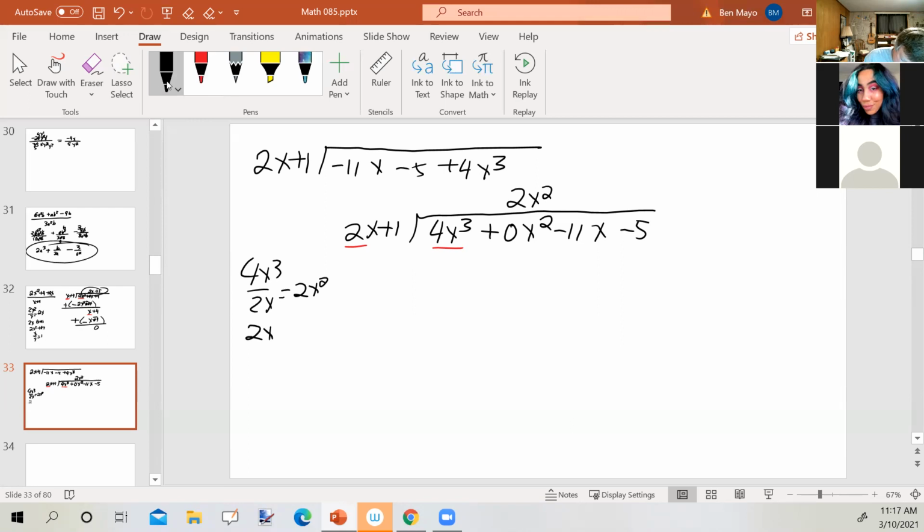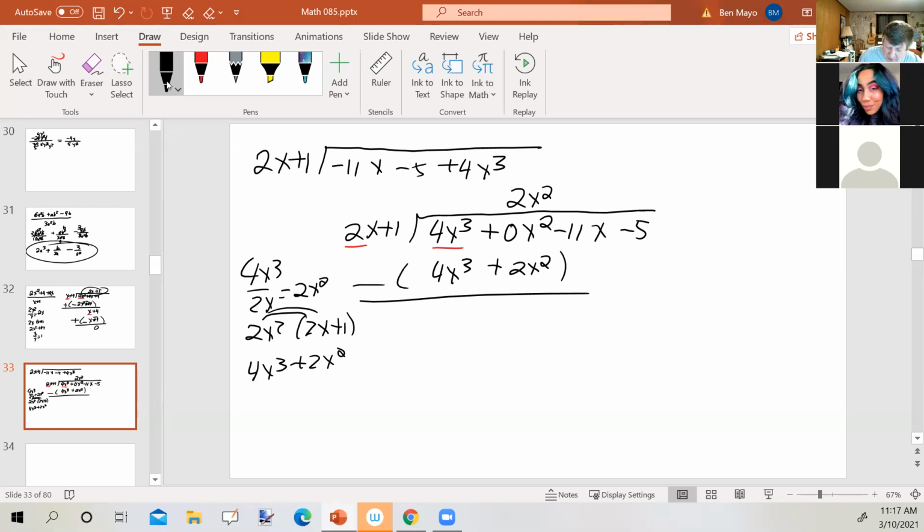We're going to take 2x squared times 2x plus 1, which is 4x cubed plus 2x squared, which goes up here. We're going to subtract that quantity from what's up above.